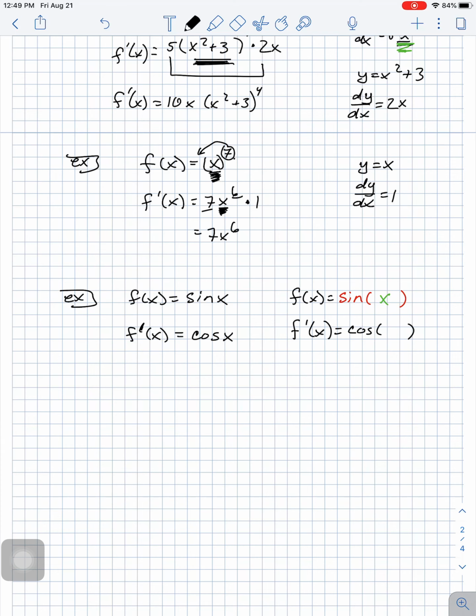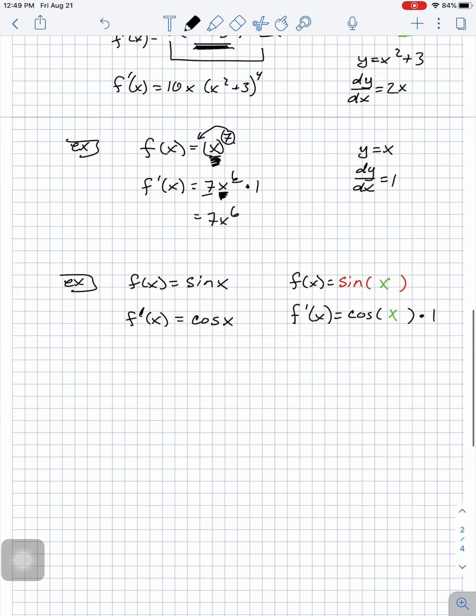Now I'm going to evaluate it at the inside function, which means plug it in. And then I'm going to multiply by the derivative of the inside function. What's the derivative of x? Well, that's 1. See how that's actually the chain rule. It's just, again, the derivative of that inside function is consistently 1.